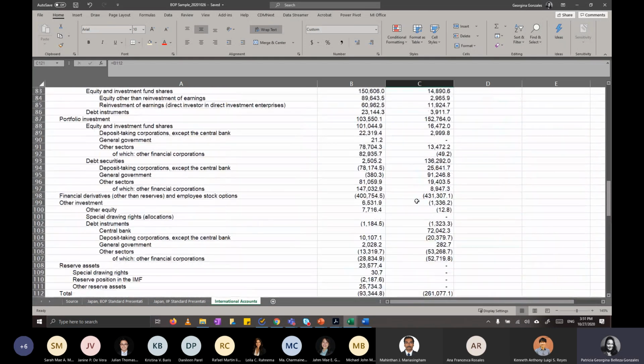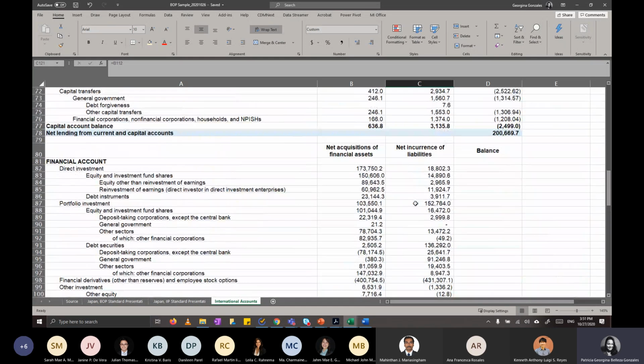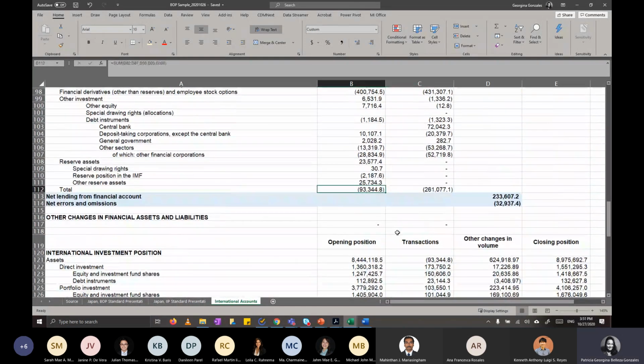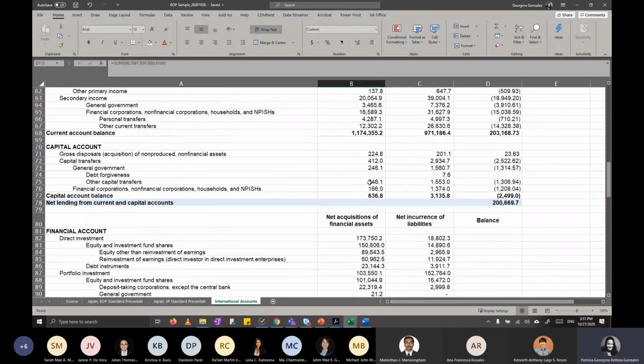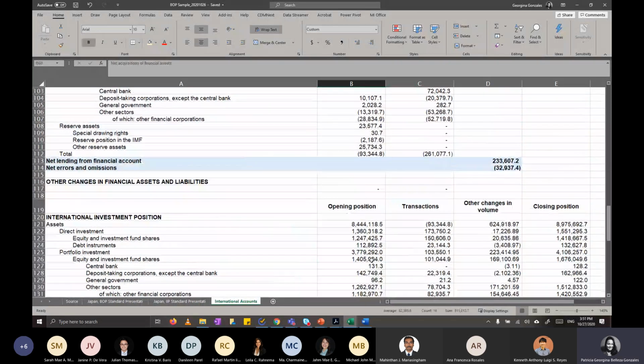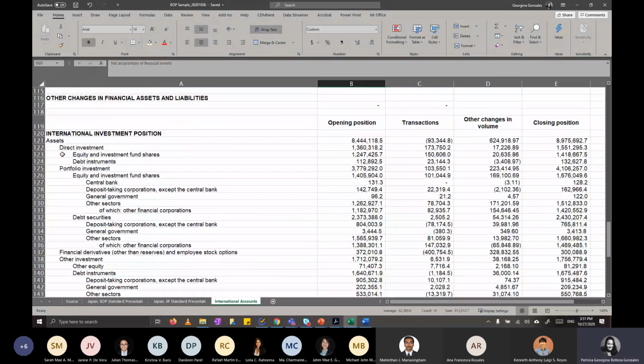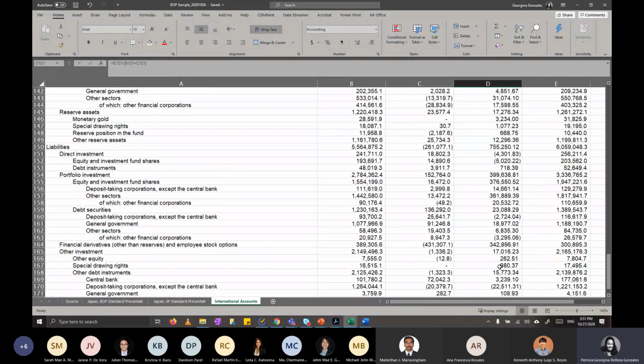This is just equal to the net acquisitions of financial assets for the assets part of the investment position. Oh, sorry, I'll just discuss the international investment position first. But anyway, I just wanted to illustrate how I was able to derive other changes in volume by subtracting from the closing position the sum of the opening position and transactions that occurred within the year, so that this is the other changes in volume.